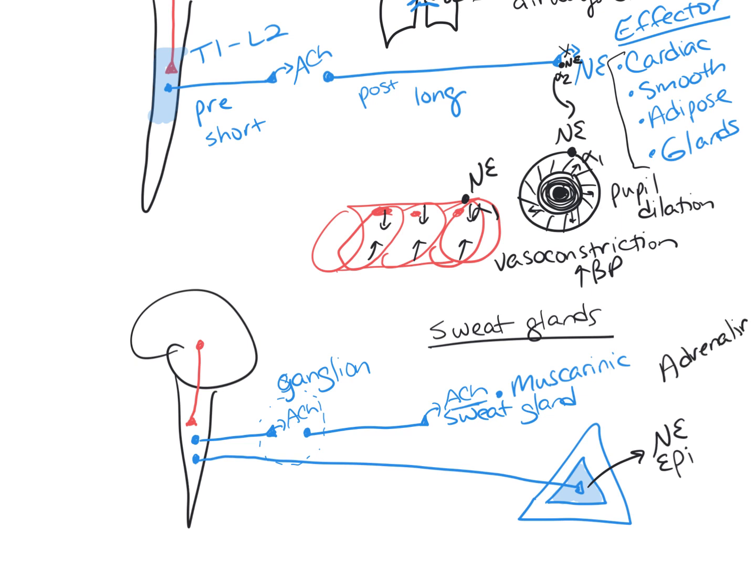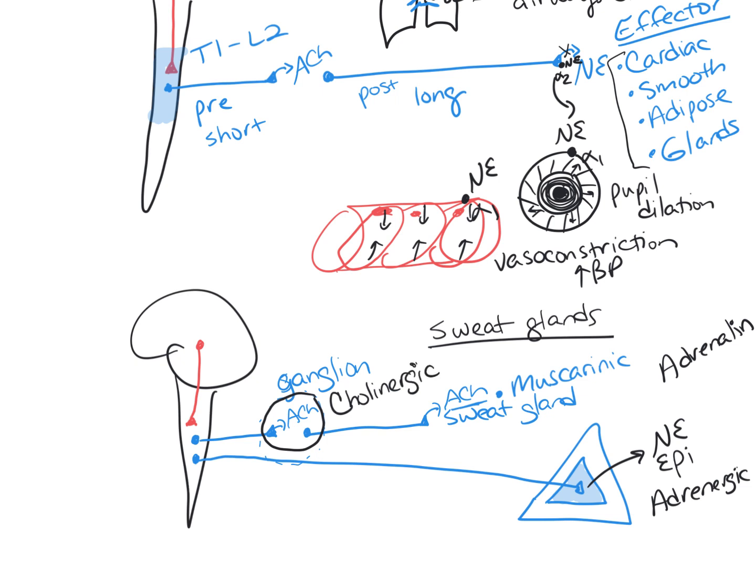So whenever a receptor releases norepinephrine and epinephrine, we call that an adrenergic synapse. And those neurotransmitters are known as adrenergic neurotransmitters. Acetylcholine, on the other hand, when that is released, that is called a cholinergic synapse.